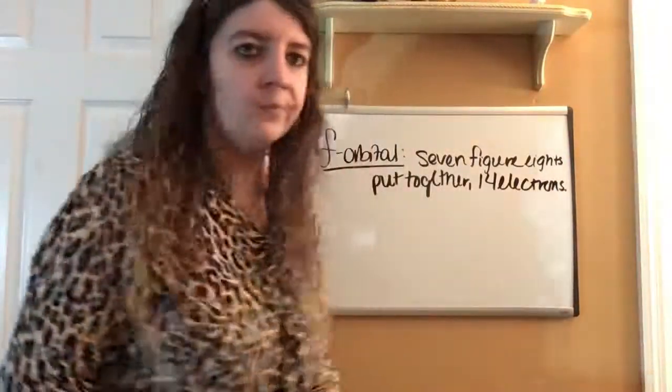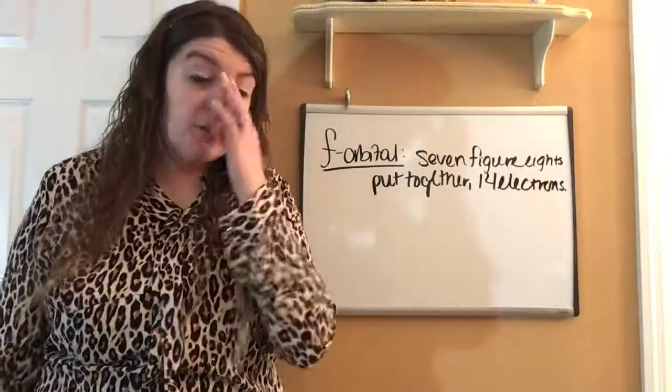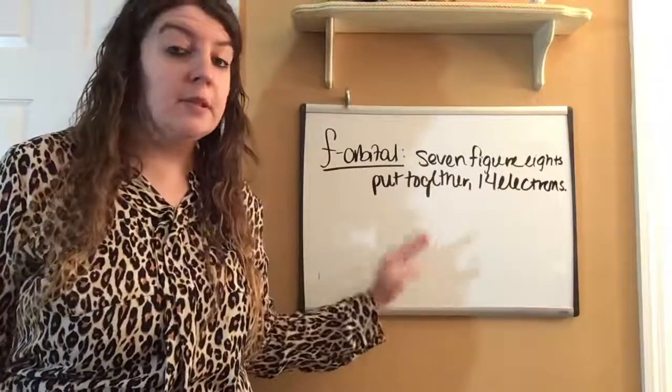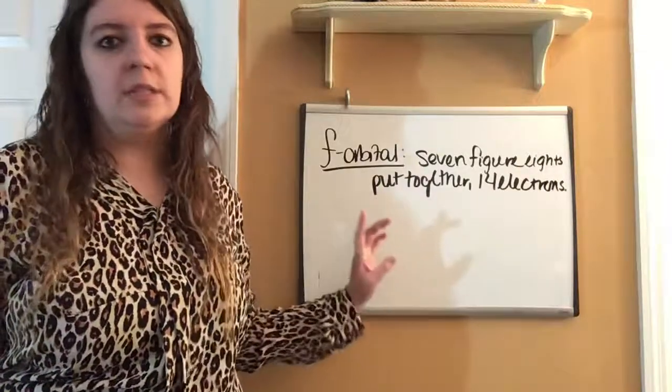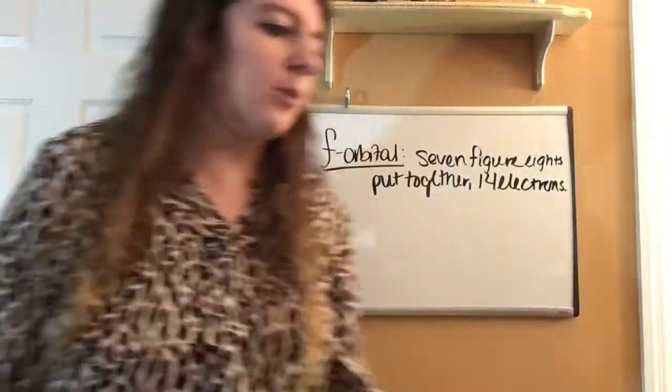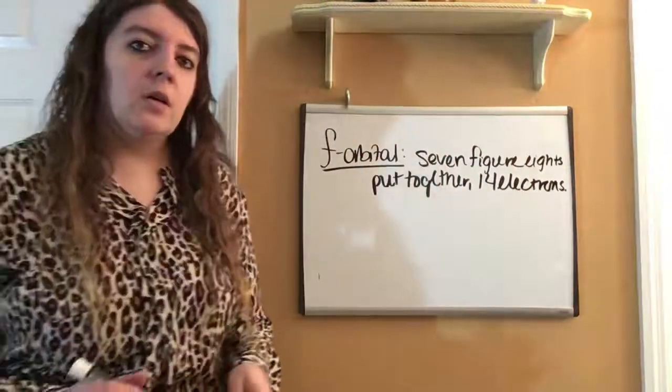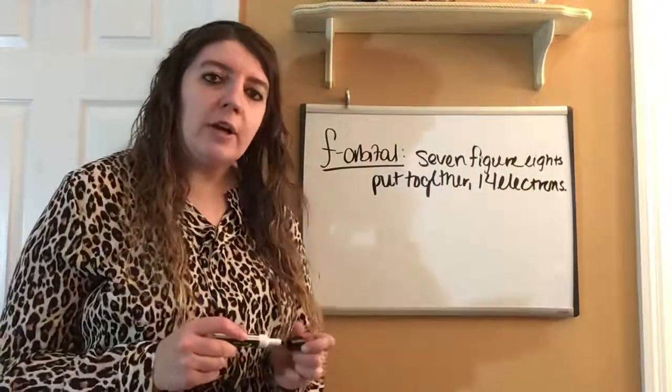Okay, so I'm never going to draw the f orbital because I'm incapable of doing that. I can barely draw a d orbital as it is. So the f orbital has 7 figure eights put together and 14 electrons.